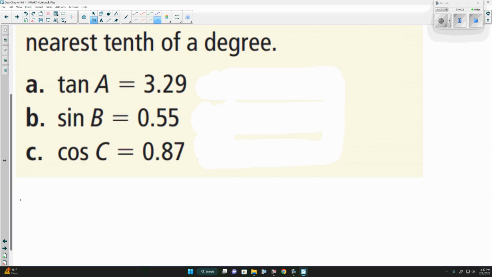So for the first one, tangent of A equals 3.92. What would we do? Right, we would apply tangent inverse to both sides.